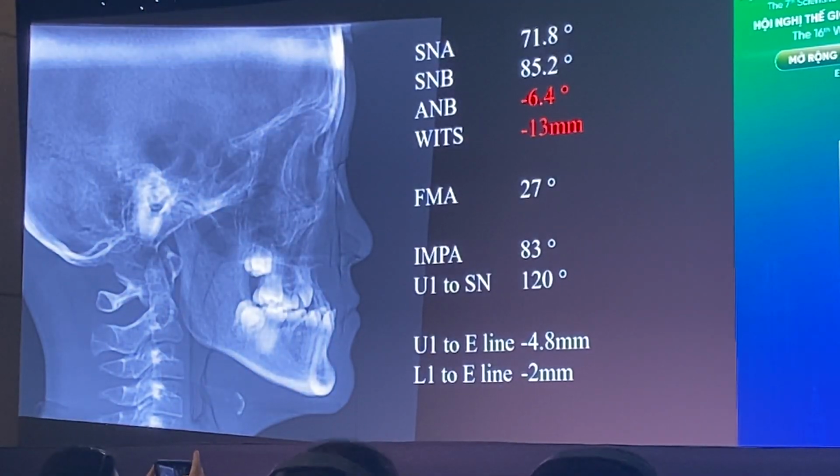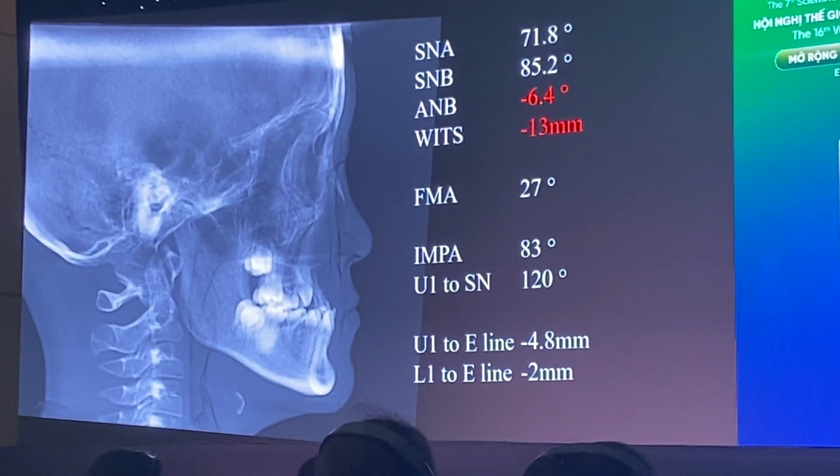Well, you're gonna take X-ray. Whoa, the width is minus 13. Is it minus 13 the width? By the way, the normal width is 0 or minus 1, right? So is it good, bad, or is it ugly?